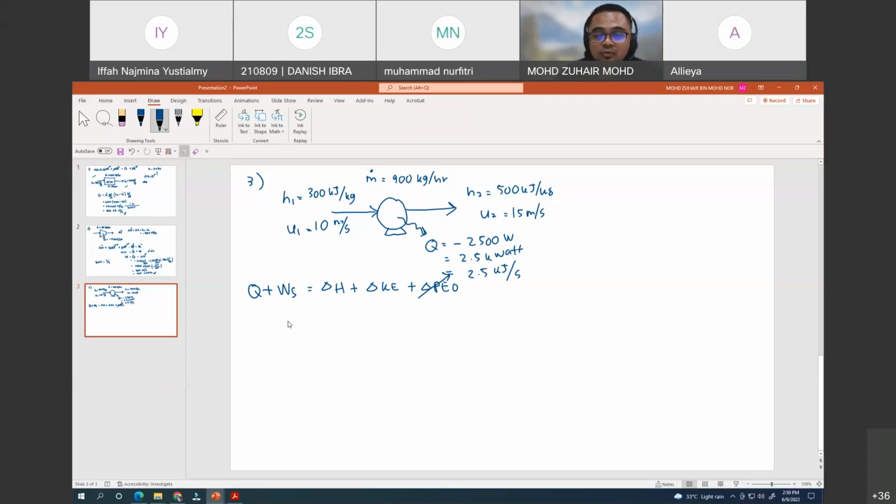So in order for us to calculate, what we need to do is multiply by the mass flow rate. Q plus Ws equals mass flow rate times, for delta H, H2 minus H1, plus, for the kinetic energy, u2 to the power of 2 minus u1 to the power of 2, divided by 2.